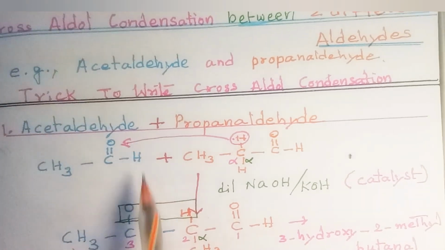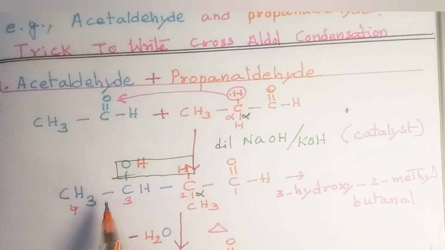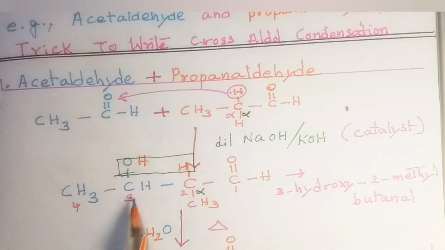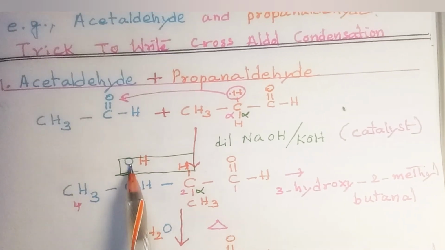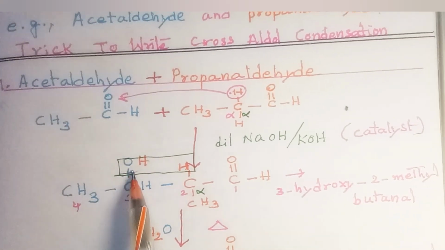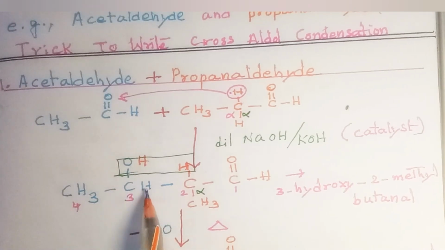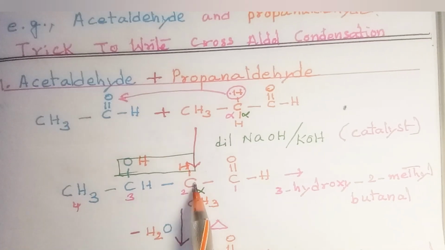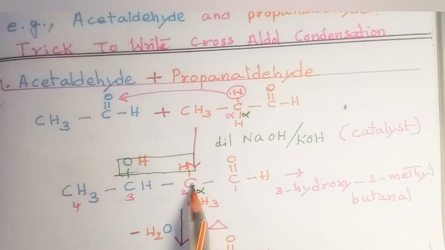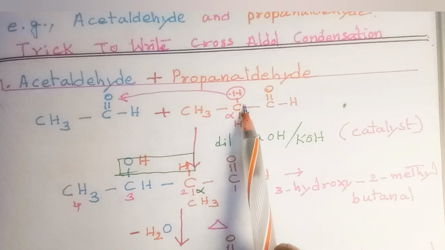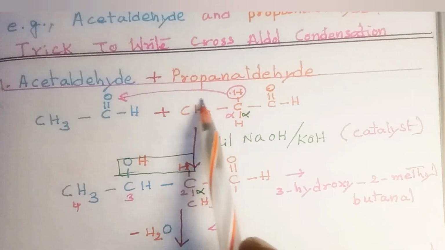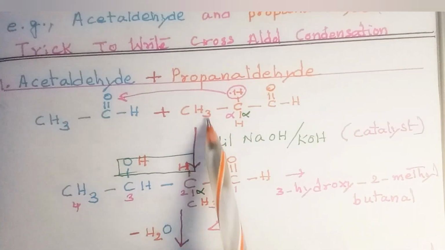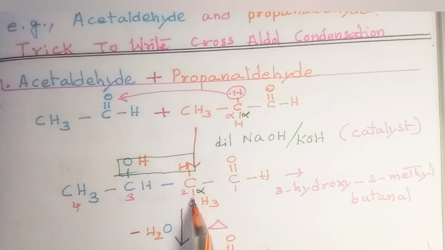So, as a result of which we get CH3, CHOH, and a new bond is formed between this carbonyl carbon and the alpha carbon of the propanaldehyde. The CH3 present here will be written here, CH3.